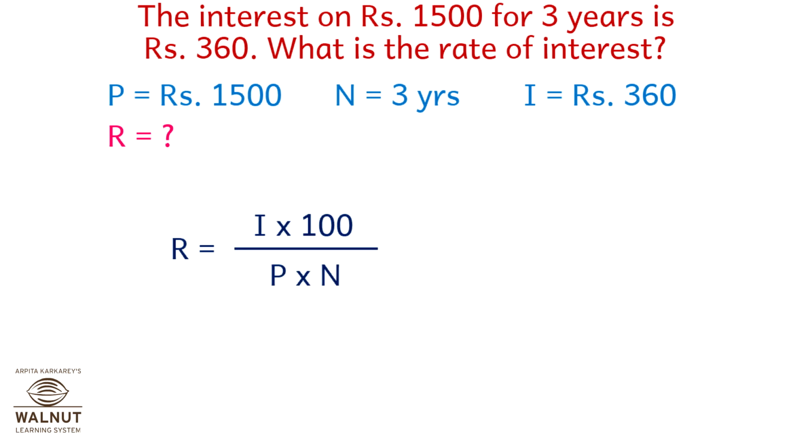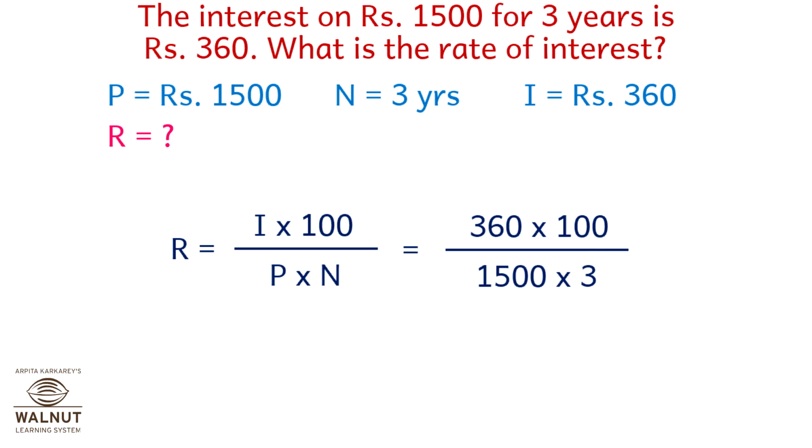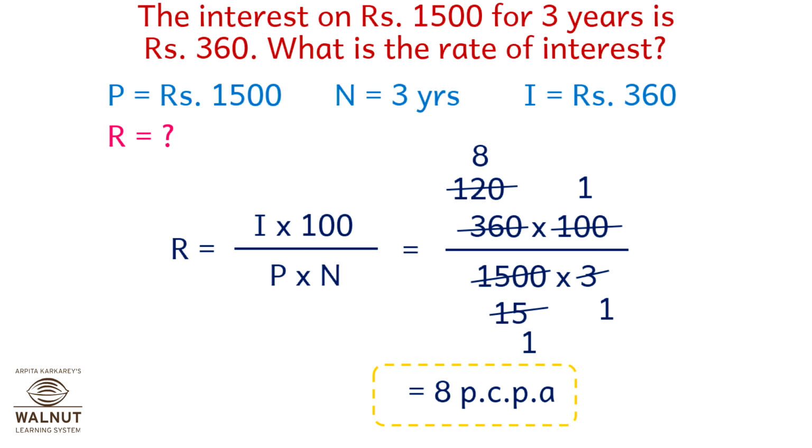We know R is equal to I into 100, which is common, upon the other 2 terms, which is P into N. So we get 360 into 100 upon 1500 into 3. 100 ones are 100, 100 15s are 1500, 3 ones are 3, 3 twos are 6... 360 is 3 times 120, 15 ones are 15, and 15 eights are 120. So we have 8 into 1 upon 1 into 1. So it's 8 p.c.p.a.